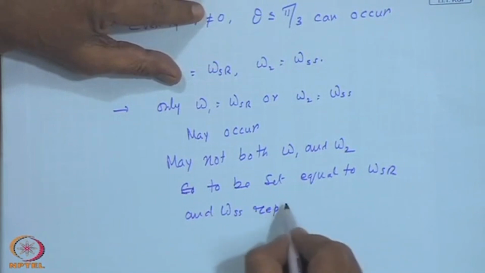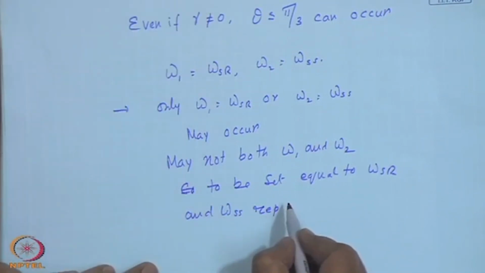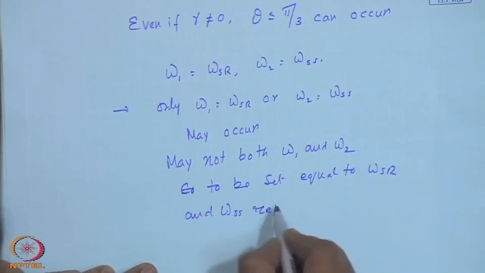In other words, if it is due west, it is possible that theta greater than 60 may occur in the forenoon and may not occur in the afternoon.